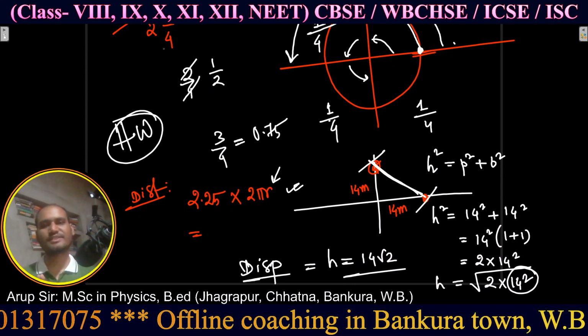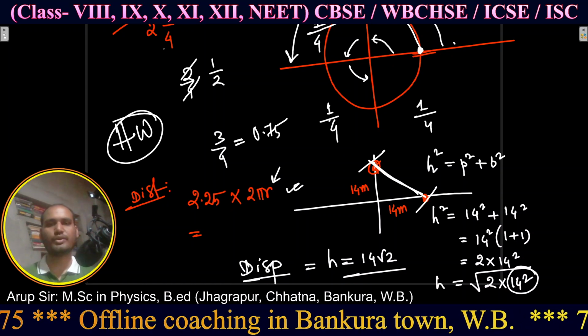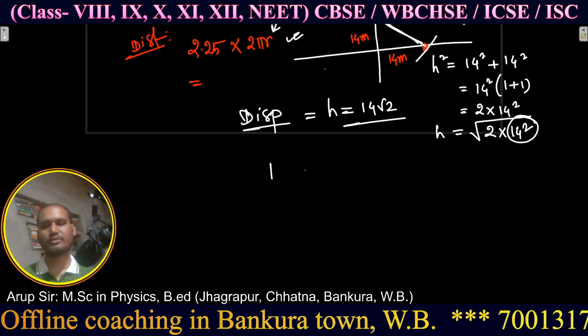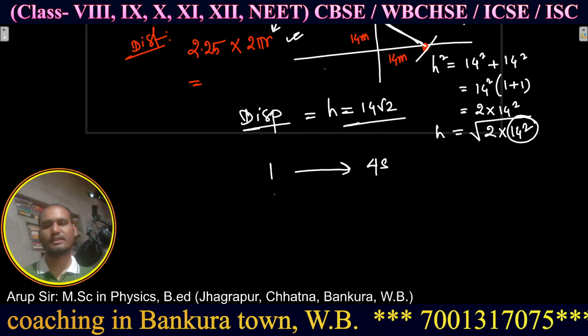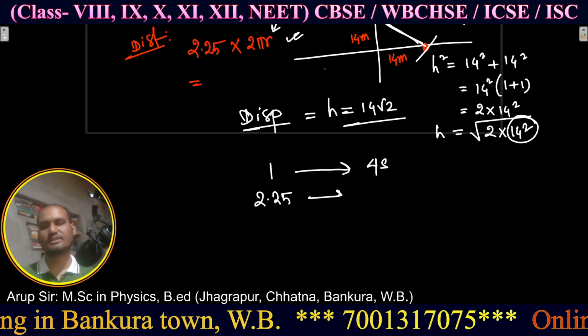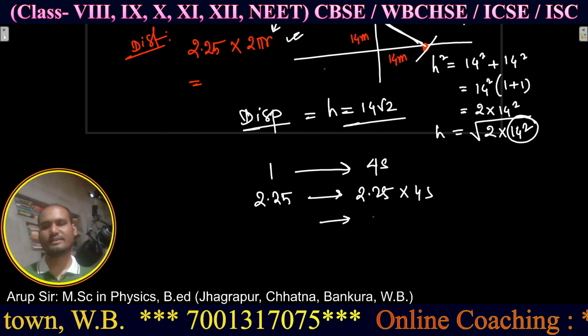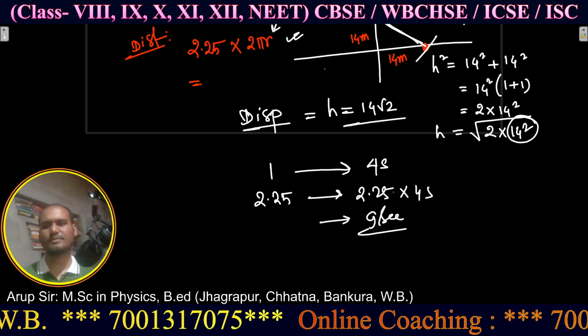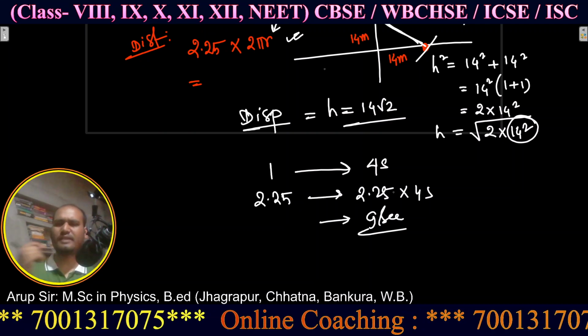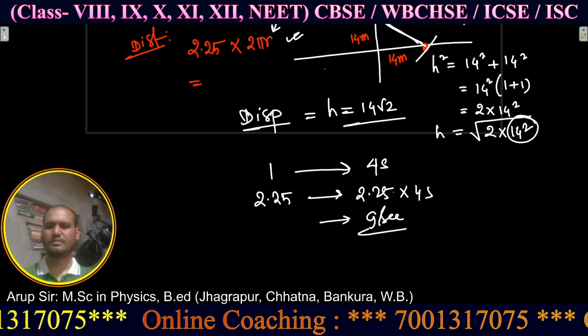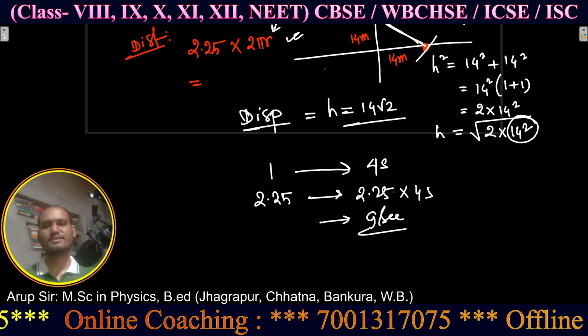For one rotation it is 4 seconds. By the unitary method, for 2.25 rotations it will take 2.25 into 4 seconds. What you will get? 9 by 4 into 4 means 9 seconds. So in total it is taking 9 seconds.